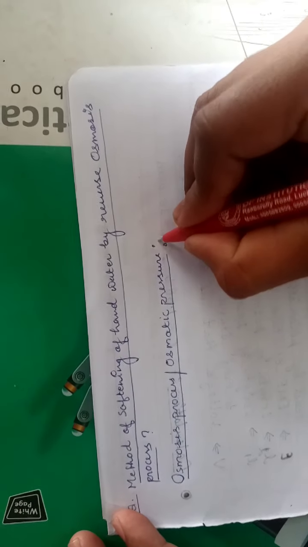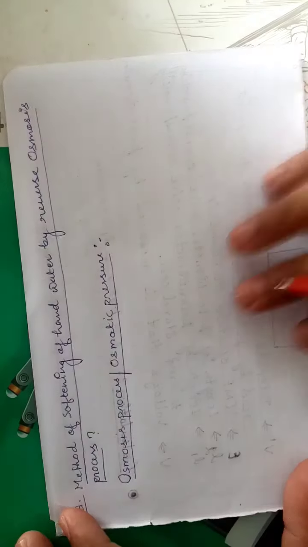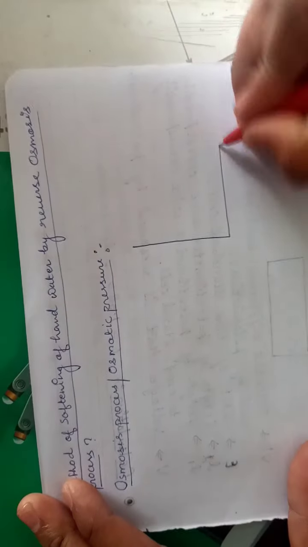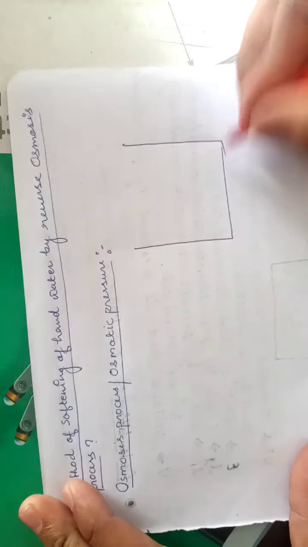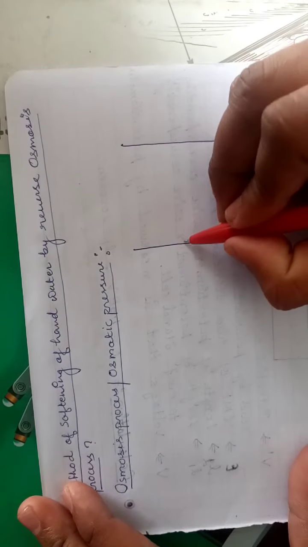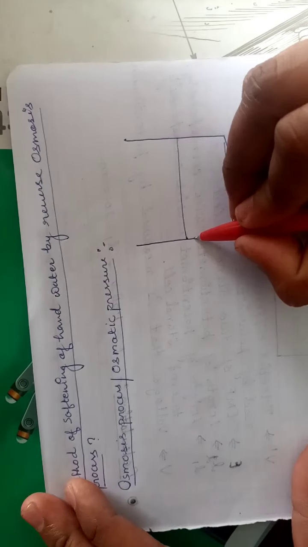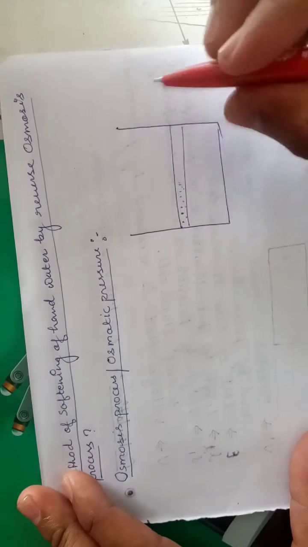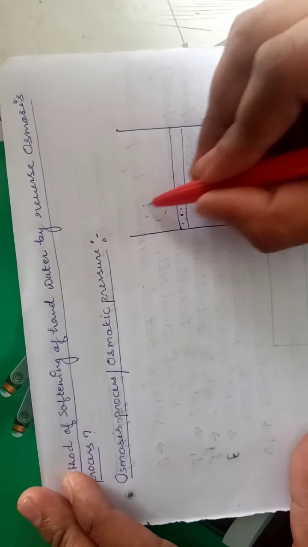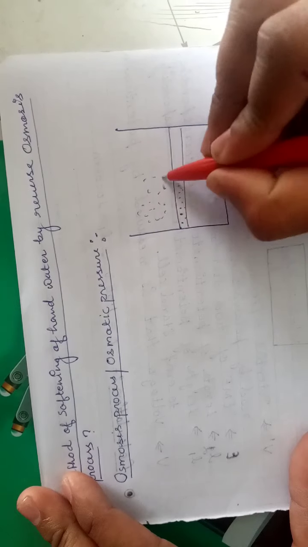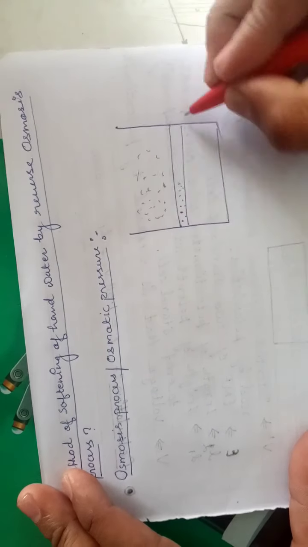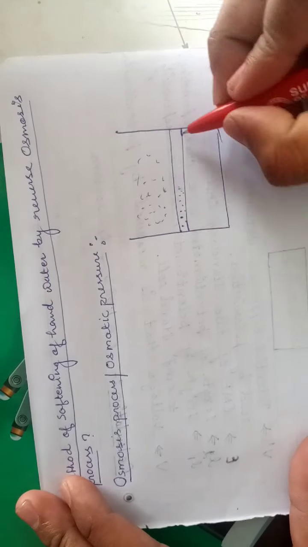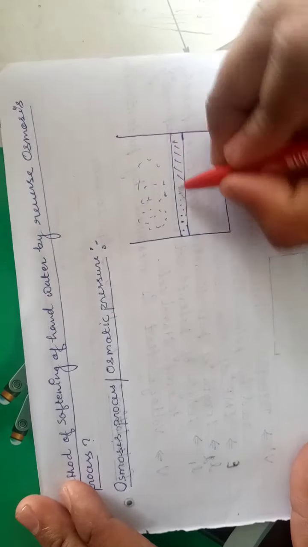Osmotic pressure, you can understand by this figure. Osmotic pressure is a type of pressure when a liquid is separated by a semi-permeable membrane.